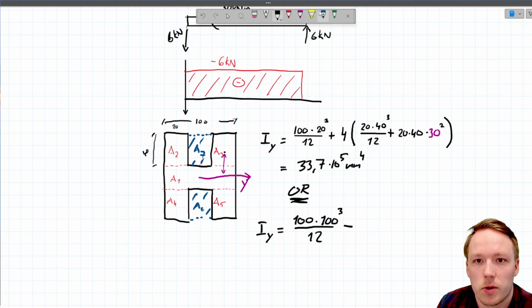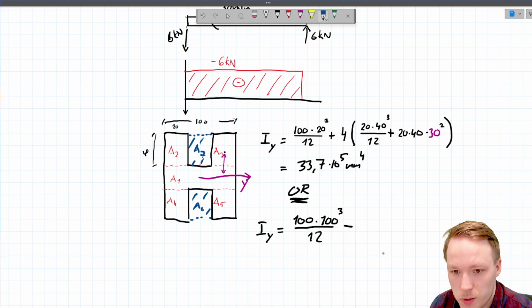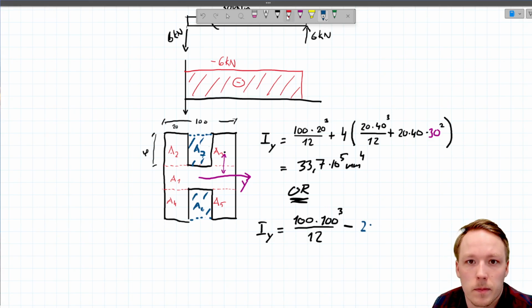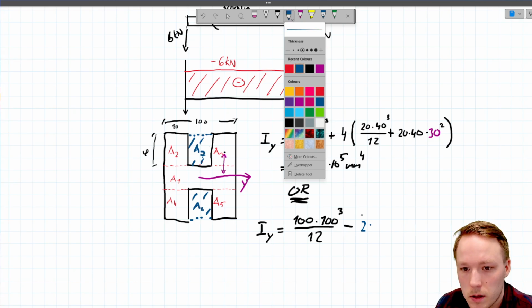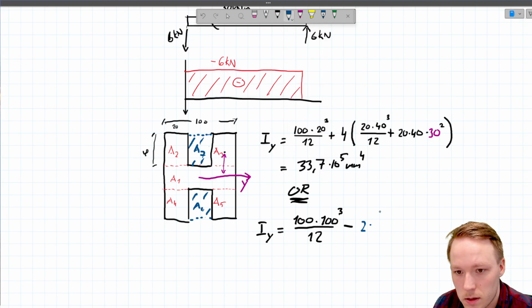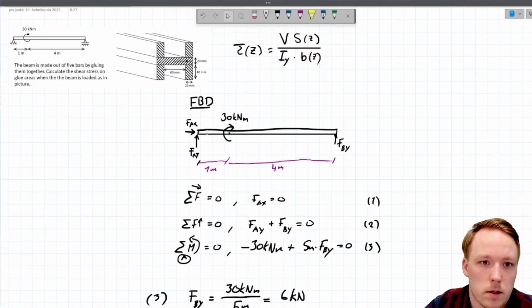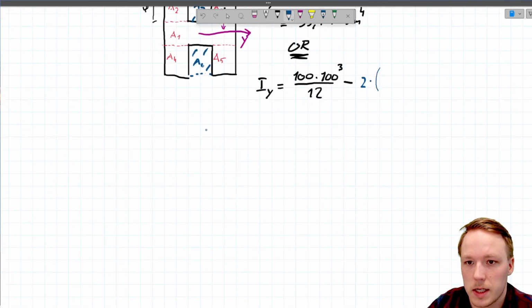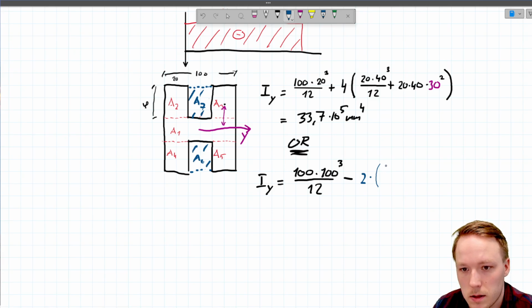So we would be reducing these areas, which would be 2 times, they are 60 millimeters wide. They are 40 millimeters tall.